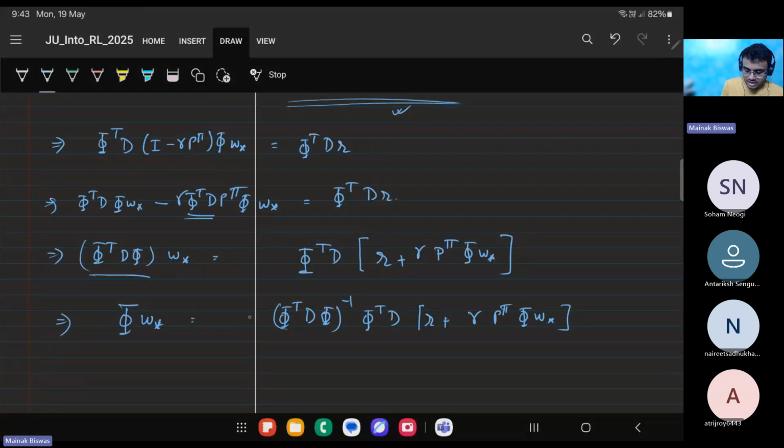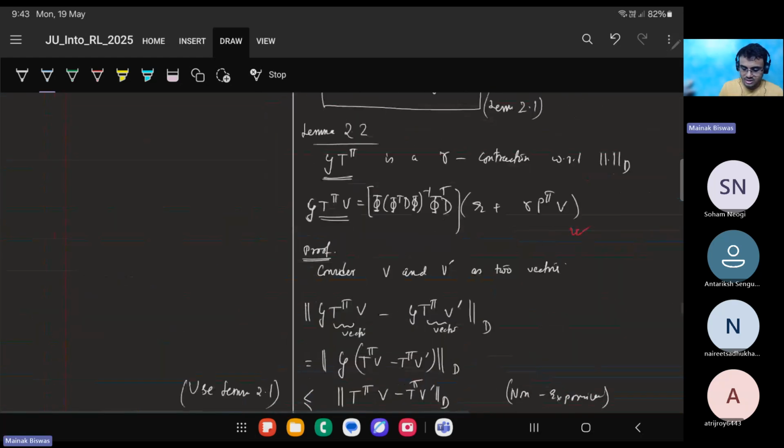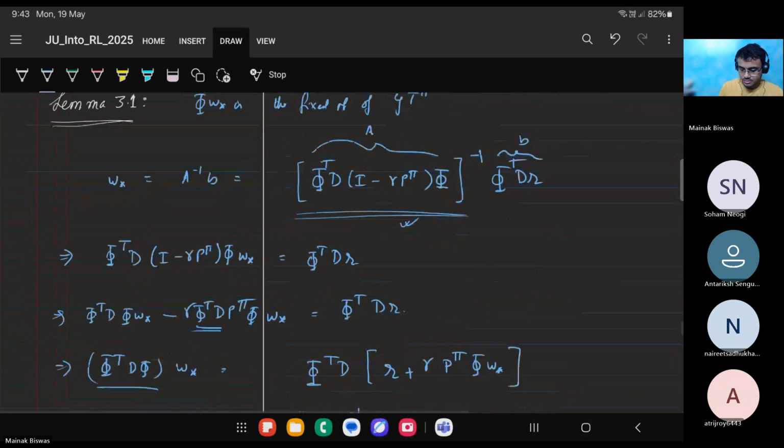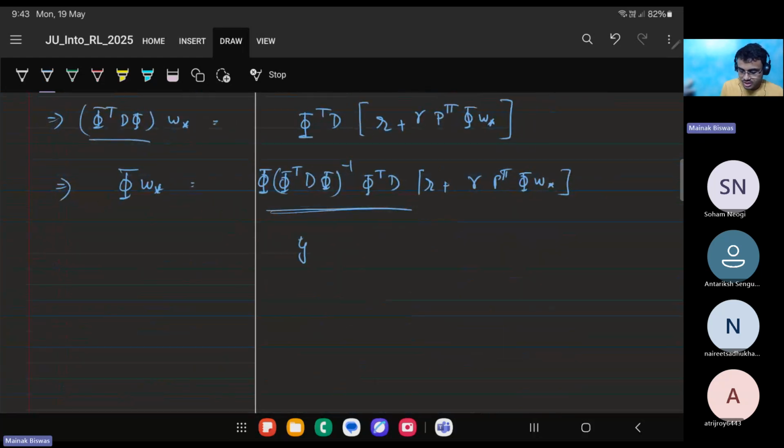So now I'll put a phi here and a phi here. Do you see a similarity, some equation somewhere? What is this? Just check, we just defined it. G is this, yes or no? That is G, so this is G of R plus gamma P pi phi W star.